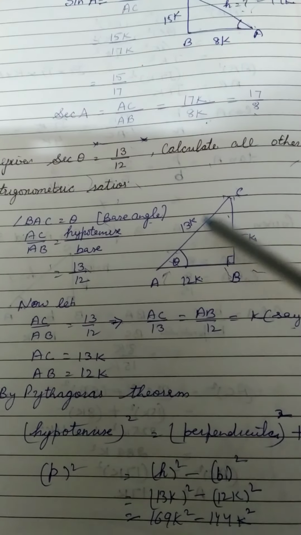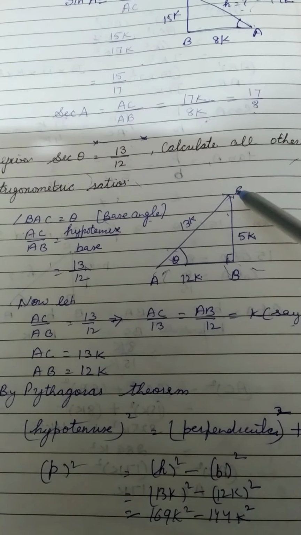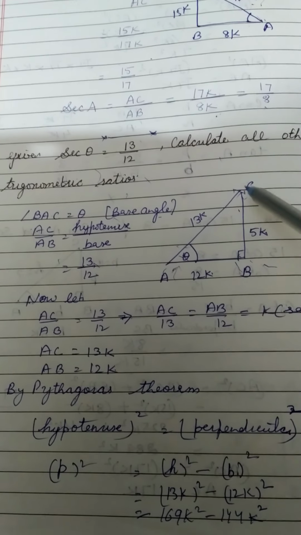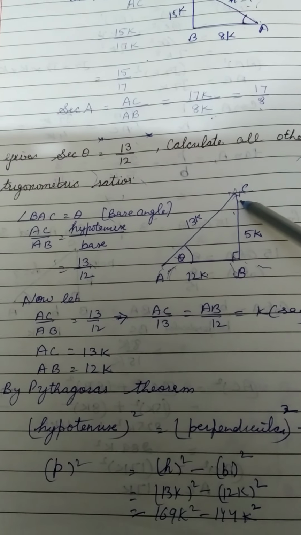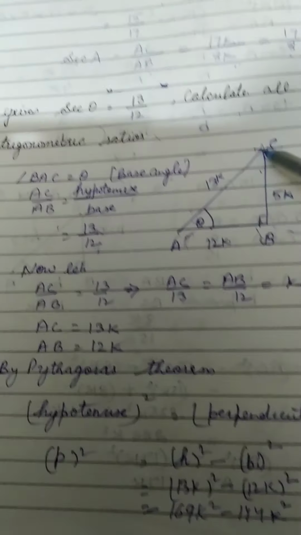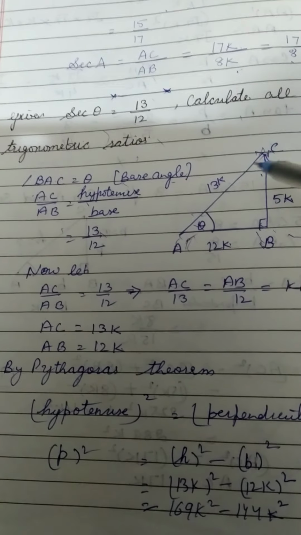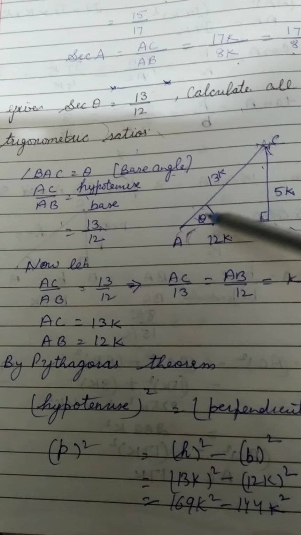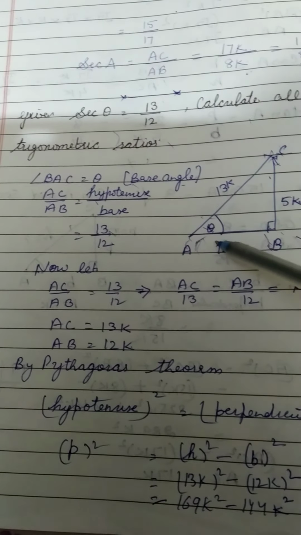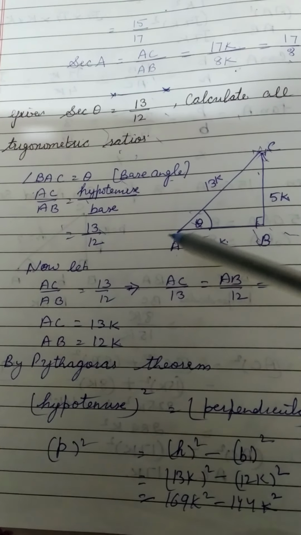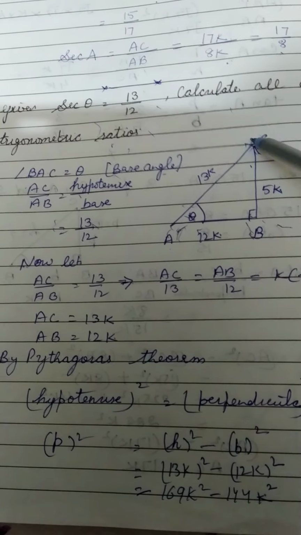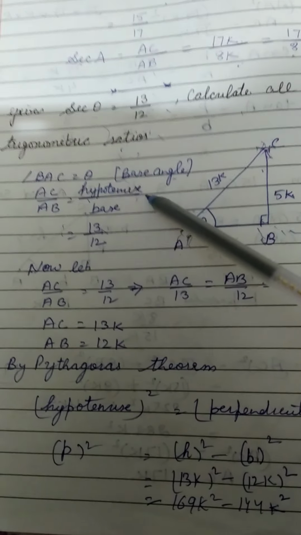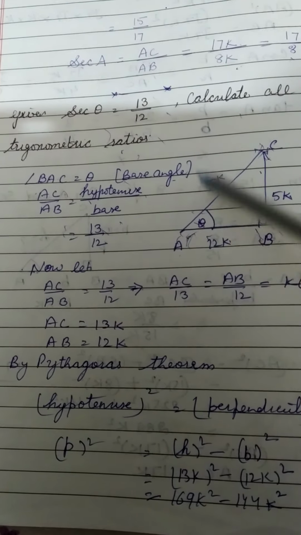AC by BC is hypotenuse upon perpendicular. Here what is given? Given is angle BAC. Angle BAC is theta, the base angle. Secant theta is 13 by 12. Secant theta means AC upon AB, that is hypotenuse upon base.